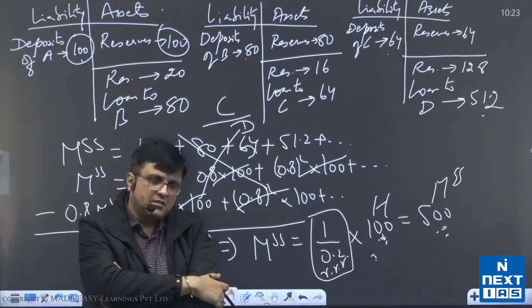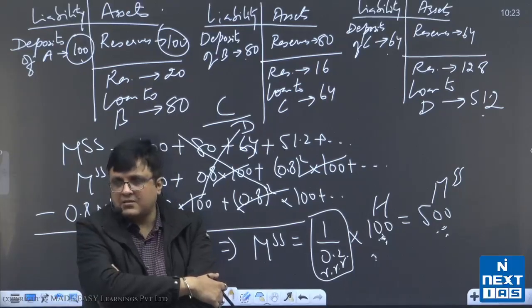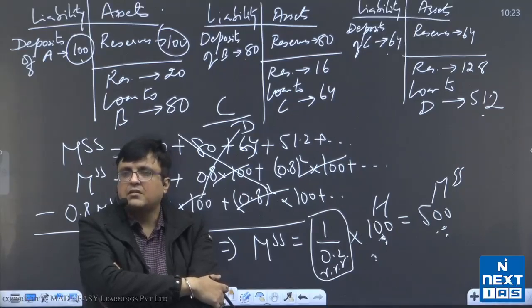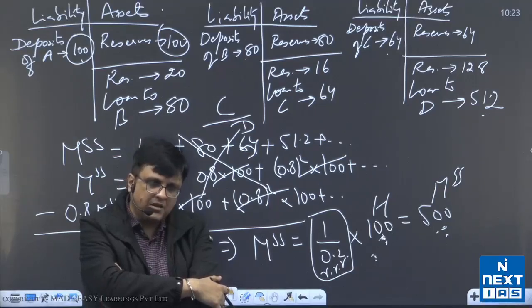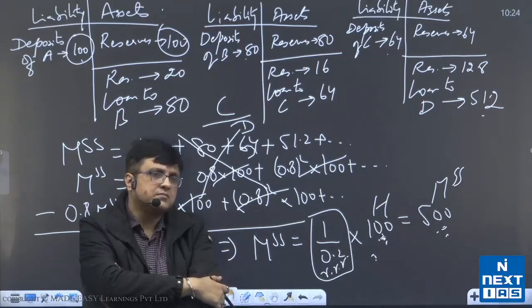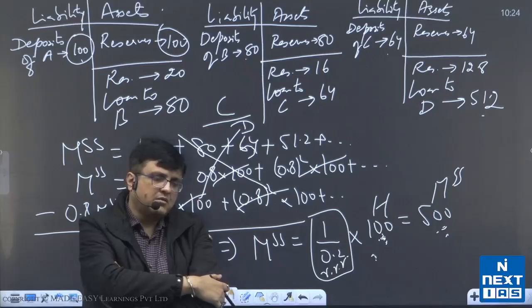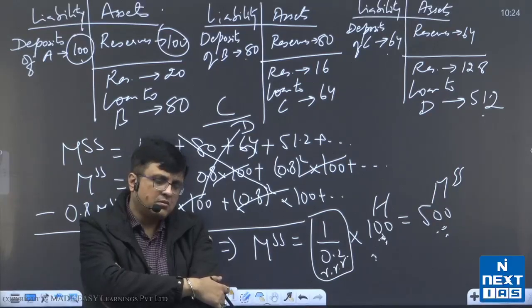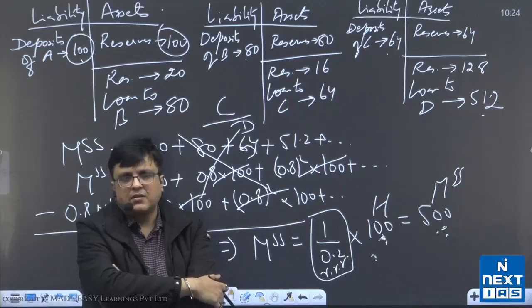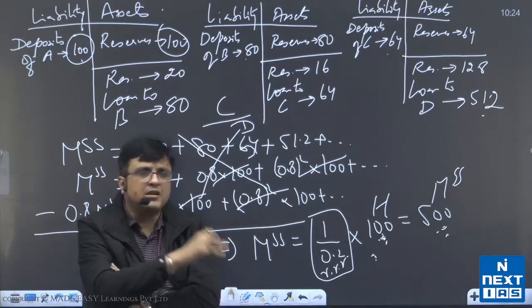And you write, as banker to the banks, RBI accepts their deposits, comma, gives them loan, comma, reconciles their account. I'll tell you what I mean.